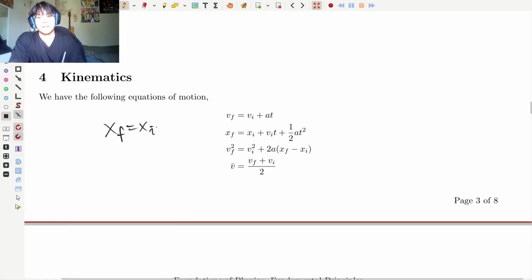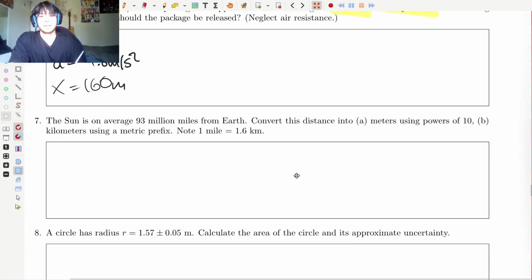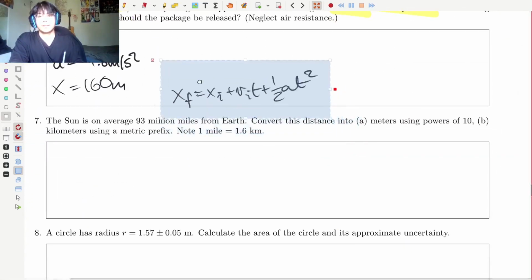XF is equal to xi plus vit plus 1/2 at squared. Let's bring this down here.